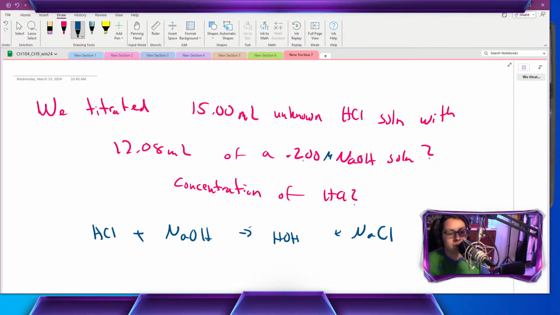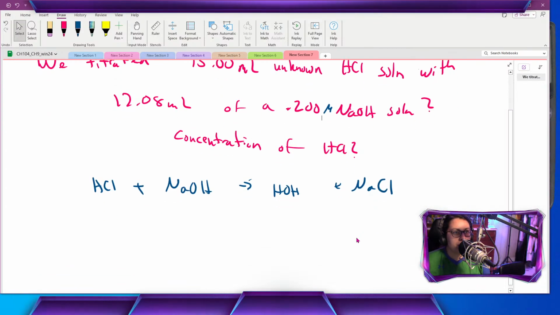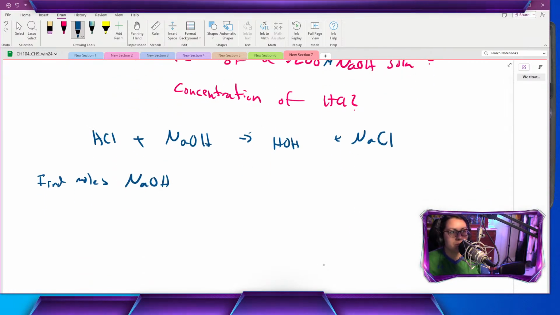I left off molarity, but I assume you knew what I meant. So let's do that. Step 1, find moles of NaOH. Now we're back to our solution chapter. Molarity is 0.200 moles over liters.